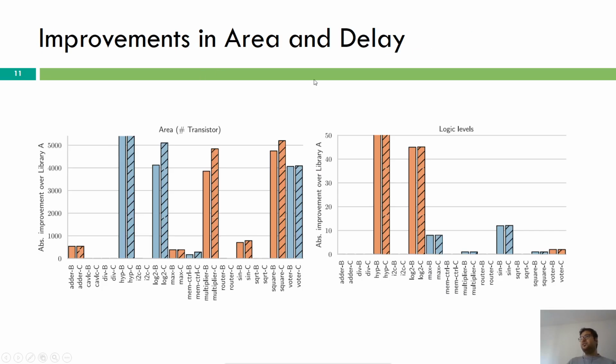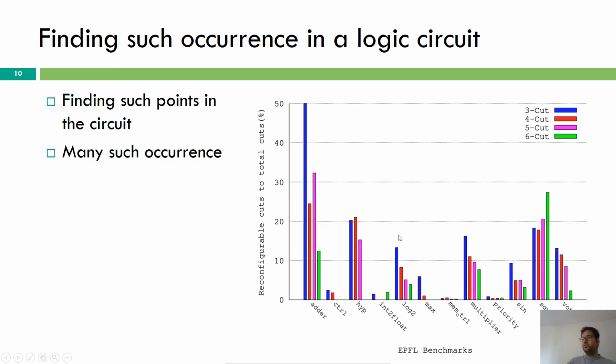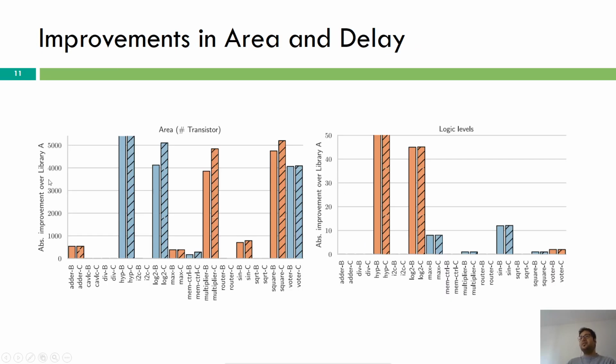So we included those logic gates, the standard cells which we got from this experiment, into the generic library, and we found that we get a good amount of area and delay improvements as compared to the CMOS technology library. Here we have two versions, hyperbolic B and hyperbolic C. Hyperbolic C is the previous work which we did, and hyperbolic B is the current work.